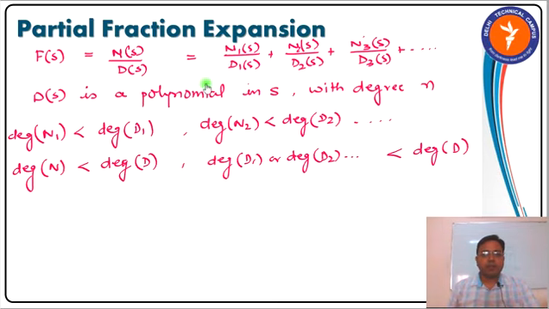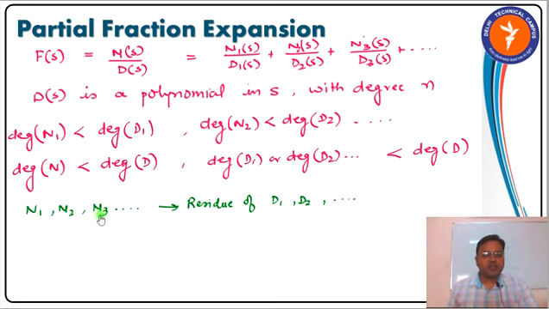We will now look into the methods to find these factors. Also, N1, N2, N3 and so on are termed the residue functions or the residues of D1, D2 and so on.